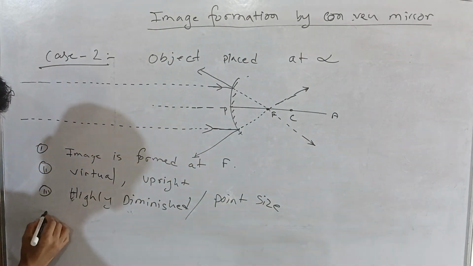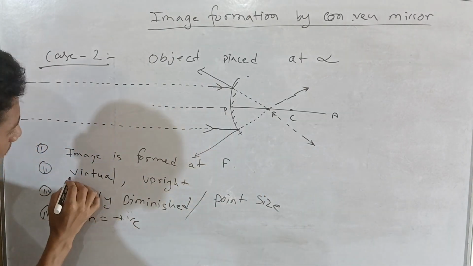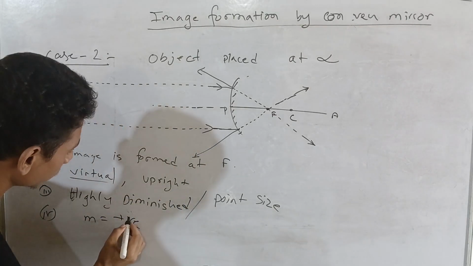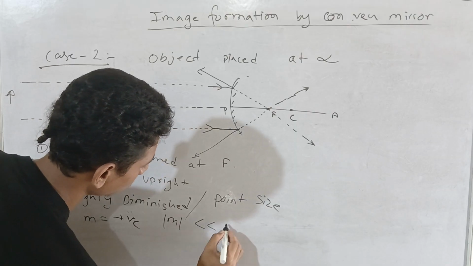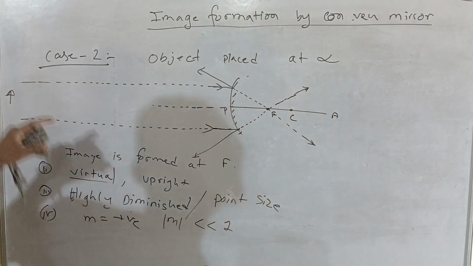Fourth, magnification is positive. If the image is virtual and upright, then the magnification is always positive. The magnitude of magnification is very small, less than 1. So this is case number 2.